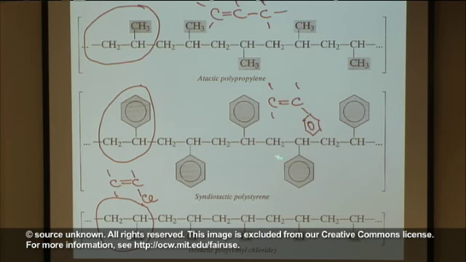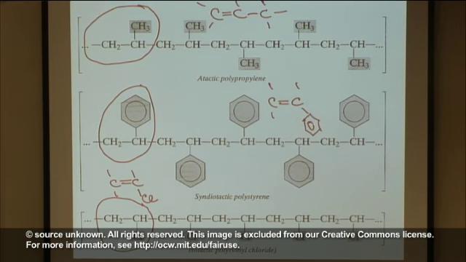syndiotactic. This happens to be polystyrene because this is vinyl benzene, or what's the other way to call it? Phenyl ethylene. You can have either way, right? You can say you're putting a phenyl group onto a vinyl, or you're putting onto the ethylene, or vice versa. But the radical, this thing here is called styrene, and we're going to break that double bond, and away we go.